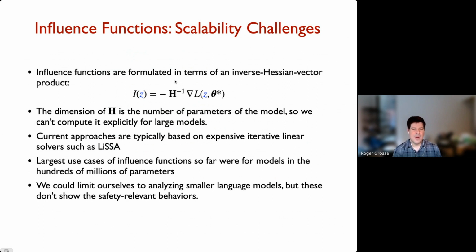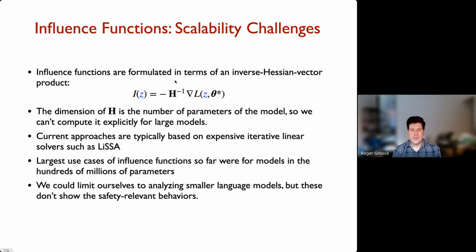This is a common problem that influence function algorithms have faced, and there have been solutions proposed, but they tended to be based on expensive iterative approximations. You might have to run thousands of iterations, each one of which is similar in cost to a gradient computation. And even then, it's not clear if it gives you a good approximation to the true solution. And so the largest cases of influence functions so far have been for models in the hundreds of millions of parameters.